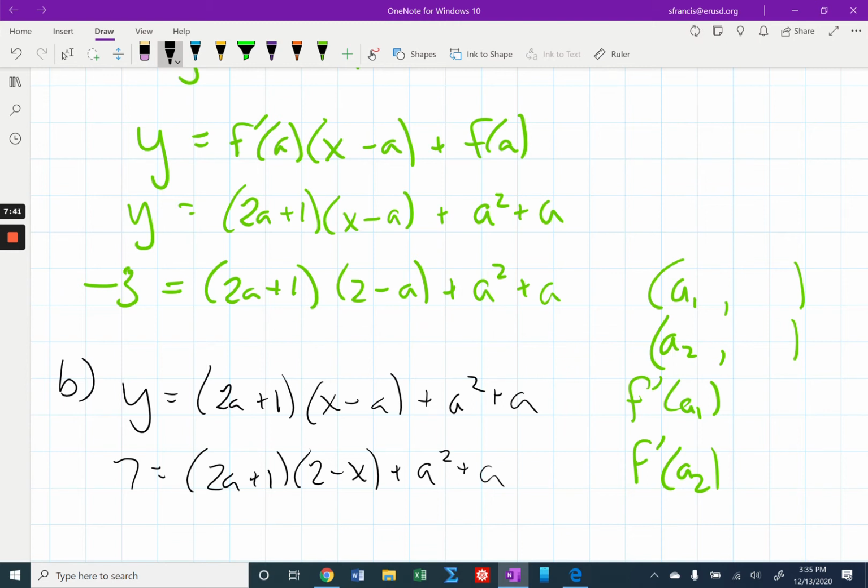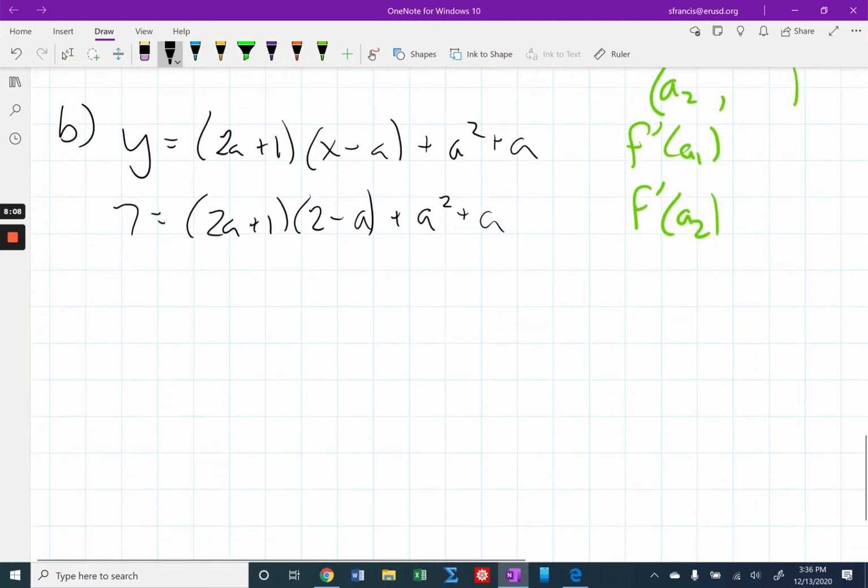This is just a quadratic, and that should be 2 minus a right there. Just do the work. Go solve it. You might have to use the quadratic formula, and then show that you don't get a real solution, and so that's why this doesn't go through. There are no tangent lines to this curve that go through that point. You can go to Desmos and graph it and see maybe a little bit more why that's true.